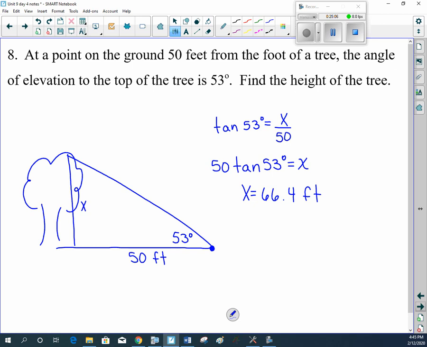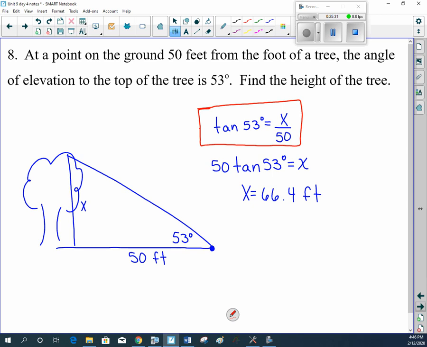So you guys are going to get really good at this right triangle trig, and a lot of you are just going to be like, oh yeah, that's tangent. I'm just going to type this in, and I know how to do that, which is great, and I expect that you are going to get to that point, but I need to see what the original setup is. So in all of your homework, you always have to write what the original trig function setup is.